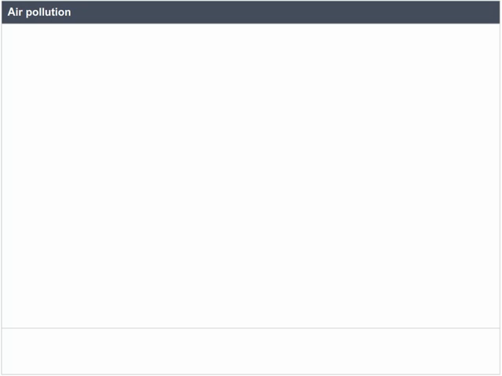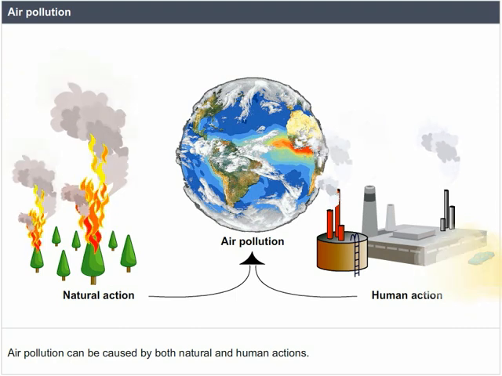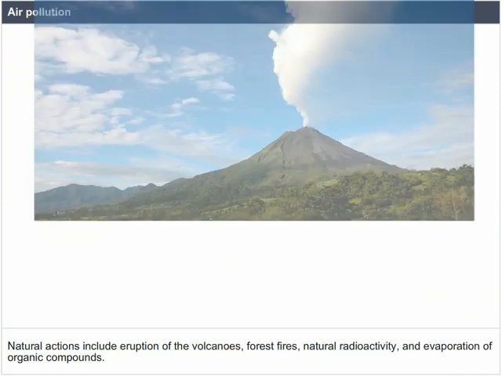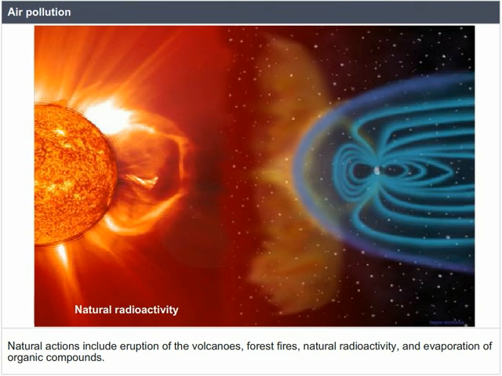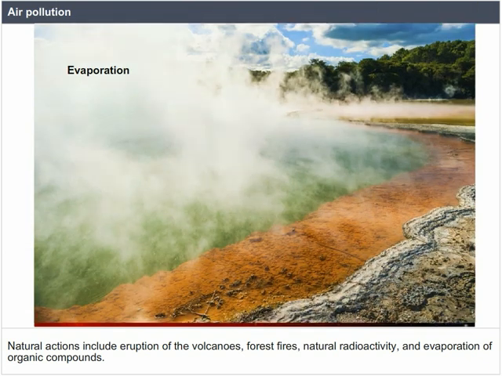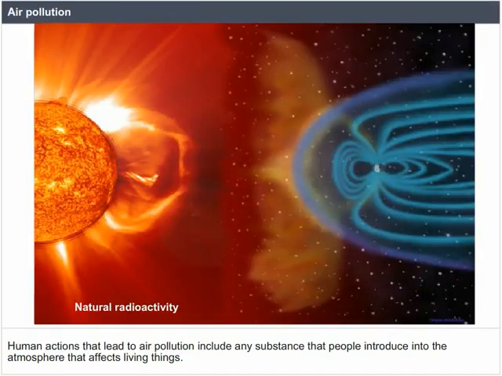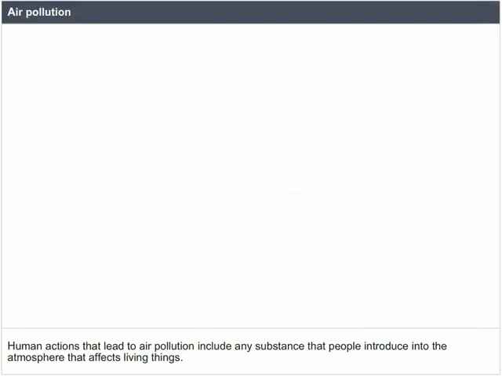Air pollution. Air pollution can be caused by both natural and human actions. Natural actions include eruption of the volcanoes, forest fires, natural radioactivity, and evaporation of organic compounds. Human actions that lead to air pollution include any substance that people introduced into the atmosphere that affects living things.